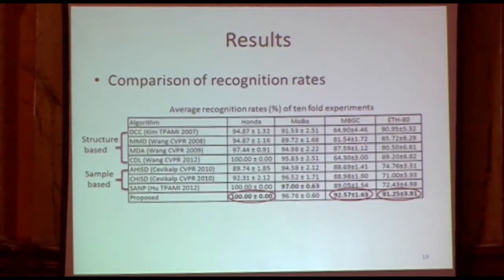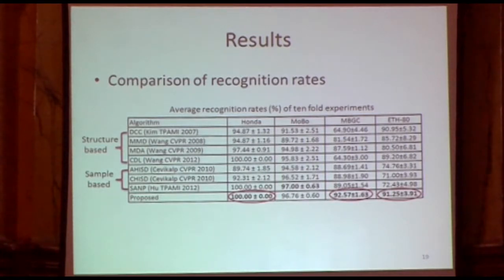give good results. So this table shows the average recognition rate and standard deviations of 10 experiments, where we select random gallery and probe combinations.